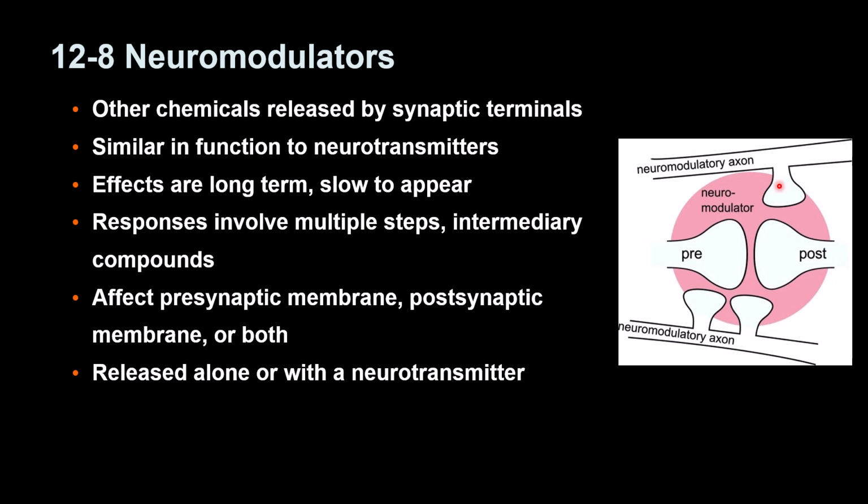So the release of that is a little bit slow, but once they are released, the effect is a lot longer than the neurotransmitters. They can affect the presynaptic or the postsynaptic membrane or both. And they can be released alone or together with the neurotransmitters. So the main reason for the neuromodulator is to increase the effect of the neurotransmitters, but the effect is a lot longer.